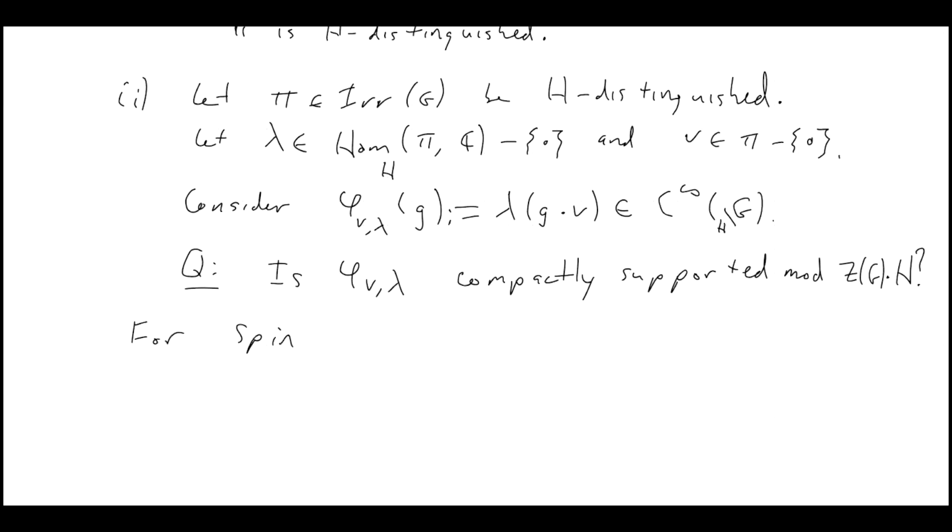With spin 9 sitting inside of F4, we can use the PGL2 cross F4 theta correspondence to solve these two problems.